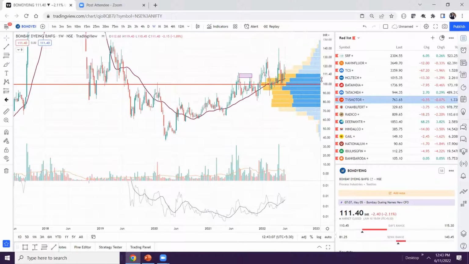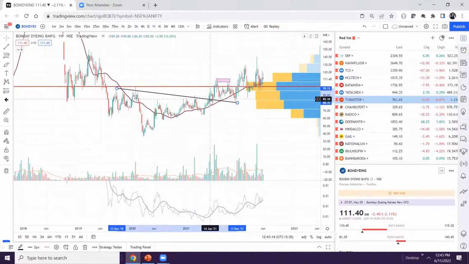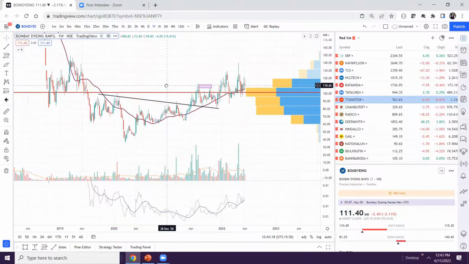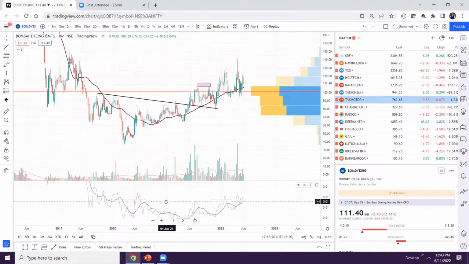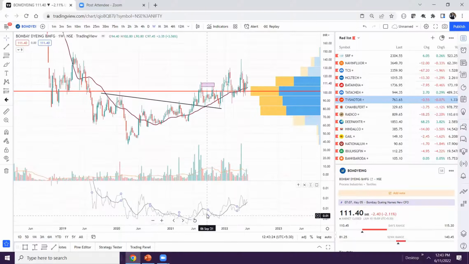So which point was the point to invest? So this was the point to invest. Correct. But you have to be careful, you have to check from this RS also.